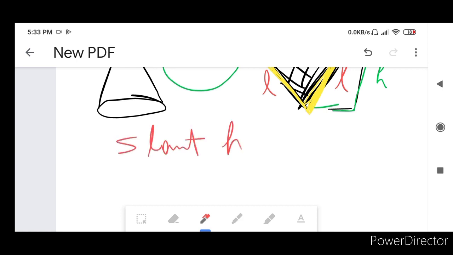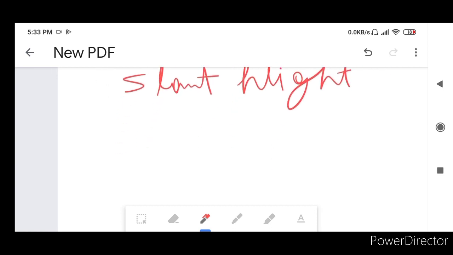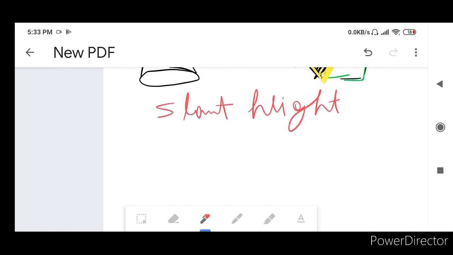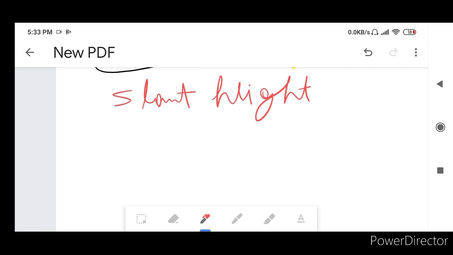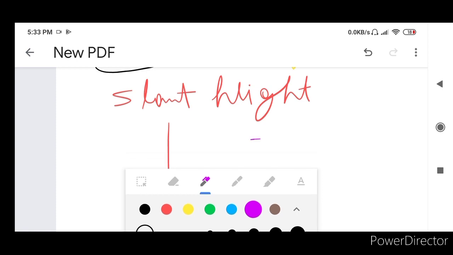Slant height. Slant means anything which is not in the vertical shape or the horizontal shape. The vertical shape means the straight 90-degree position, and the horizontal would be in the form of this.